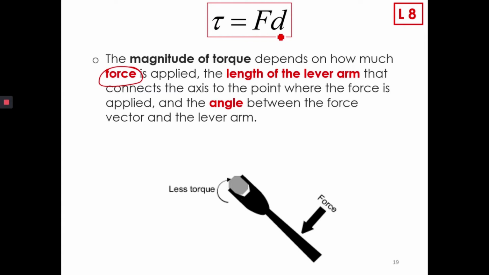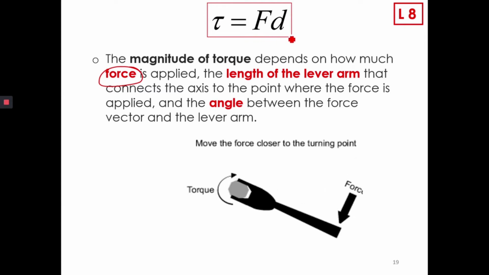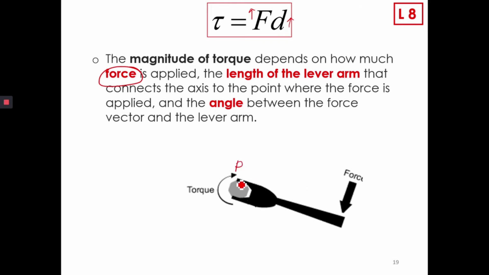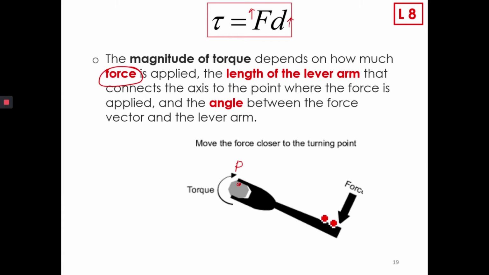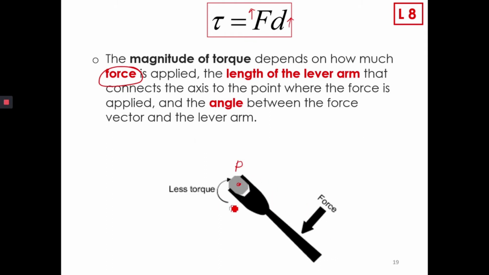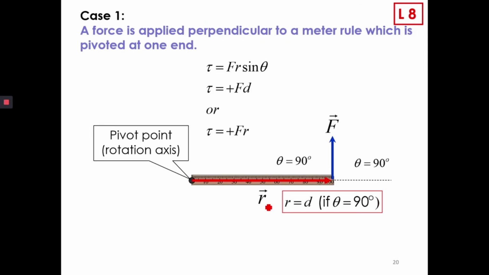Force and length of the lever arm are directly proportional. Increase F, torque increases. Or when you increase the distance from the pivot to the force applied, it will increase torque. When you move the force closer to the turning point, the pivot, there is less torque.